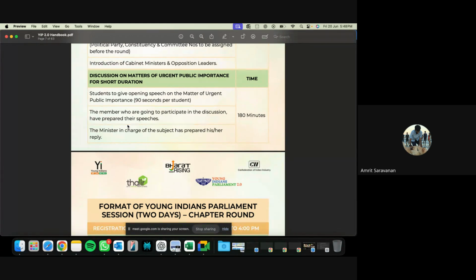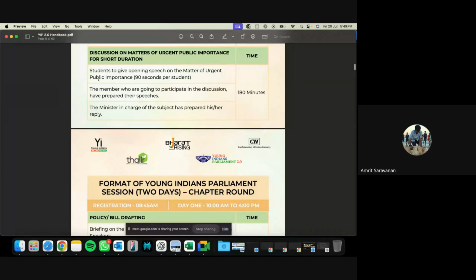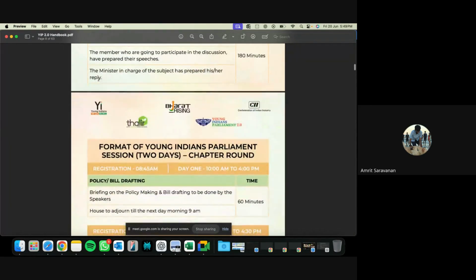Once this 70% have given their speech, the minister in charge, the minister most related to the topics we've given, would summarize the points that were spoken about relating to their ministry, and provide their feedback on what all the other parliamentarians have spoken about. So this is what will happen for this 180 minutes on discussion of matters of urgent public importance.